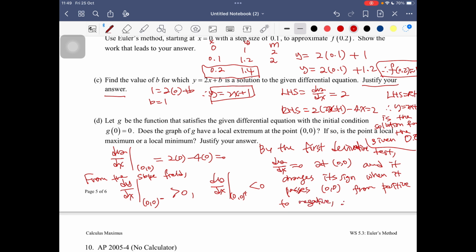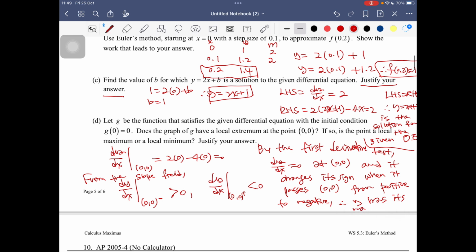Therefore, y has its maximum at (0, 0). This is the first method.